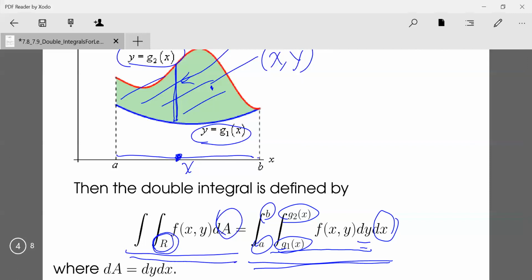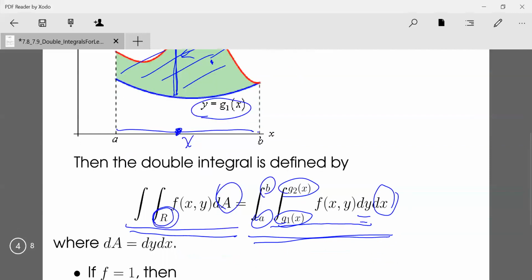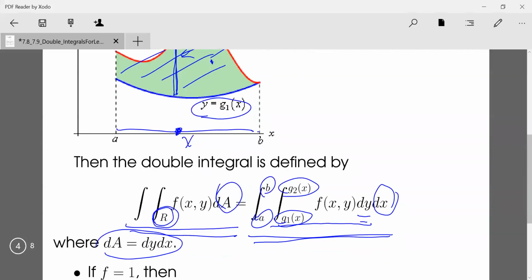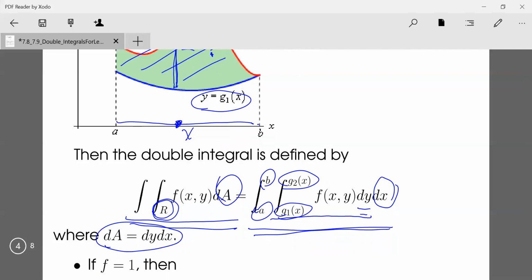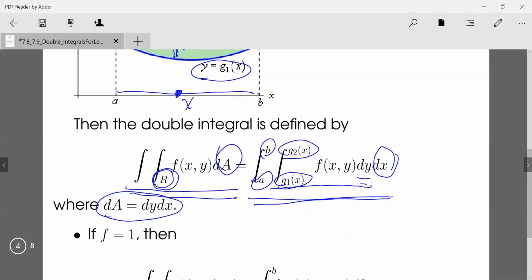So in this case, dA is written as dy times dx because y is integrated first. Now notice what happens if f equals 1.